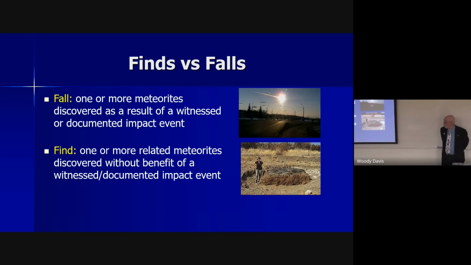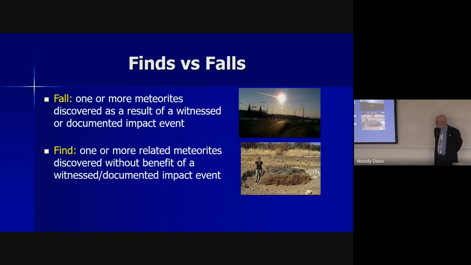The top image is one of the dash cam videos, which you can find all over YouTube, from the Chelyabinsk fall back near Valentine's Day in 2013. And so that was a very famous fall. I have a piece of that here on the table.